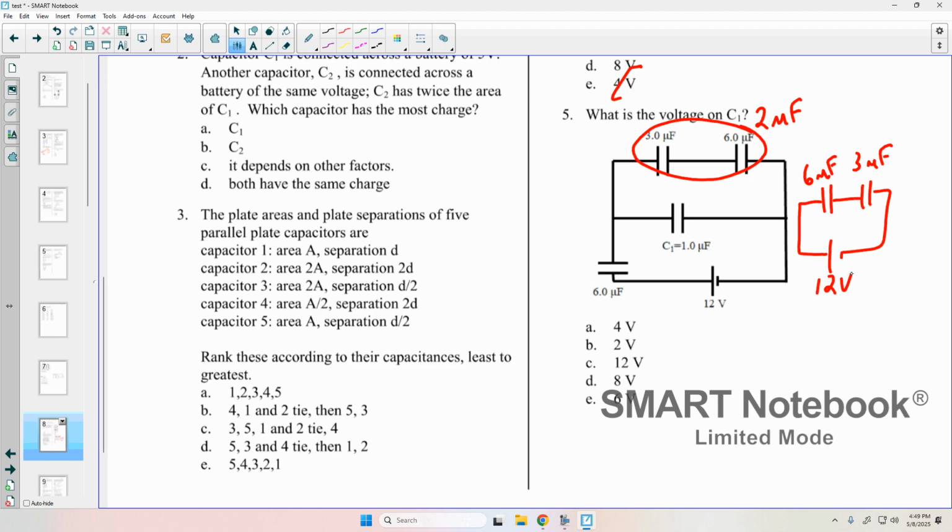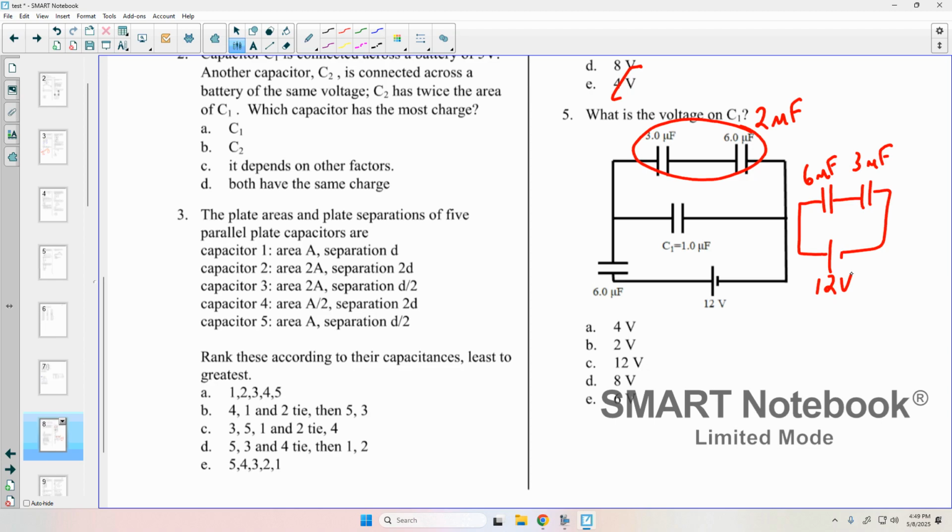Now it's useful if you can look at these 2 capacitors and just know what the voltages are. I know that for capacitors, big capacitors have small voltages, and small capacitors have big voltages. It's opposite for resistors, but for capacitors that's true. So my 6 microfarad will have a voltage that's 1/2 the voltage of the 3 microfarad. That means the 6 microfarad is going to have what voltage? That's right, 4 volts.